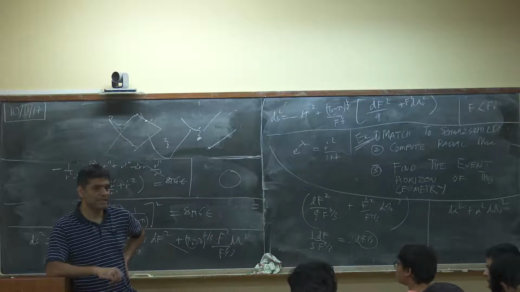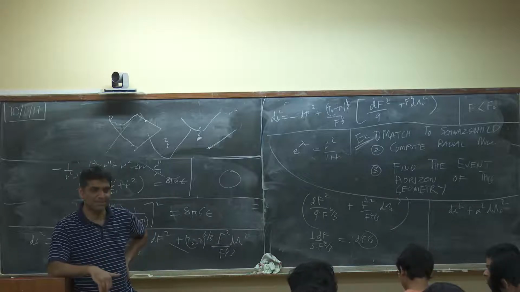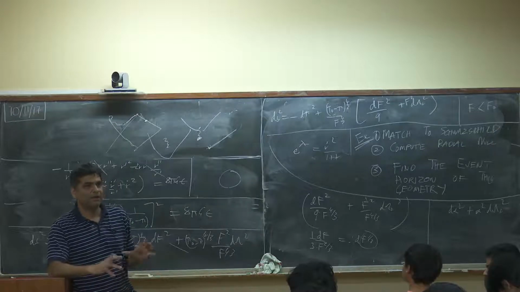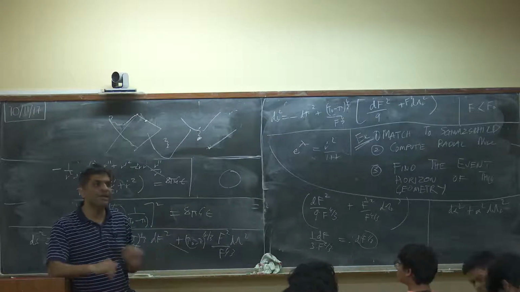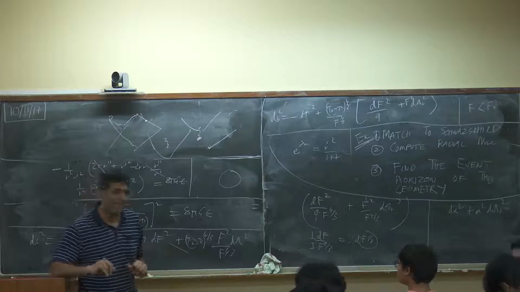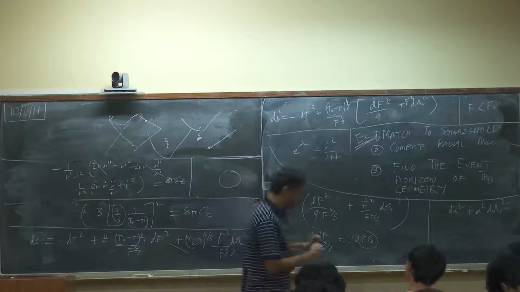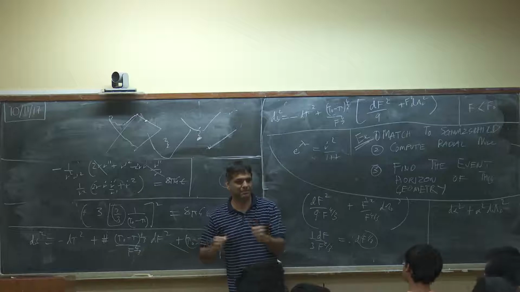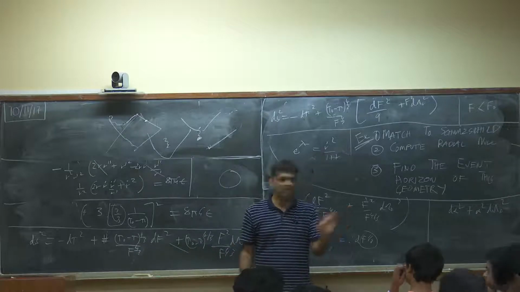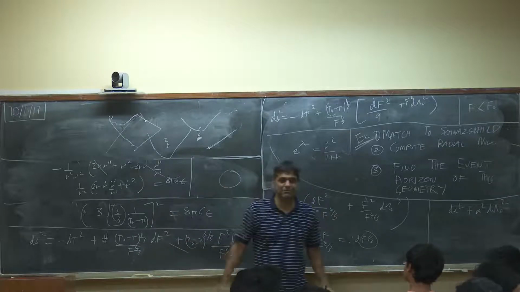Because in the models in which they work, and some other people work, what you have in the end is a fluid interacting with gravity. And there's an issue with that. The issue is that the fluid description of matter works when you're at distances large compared to the mean free path.